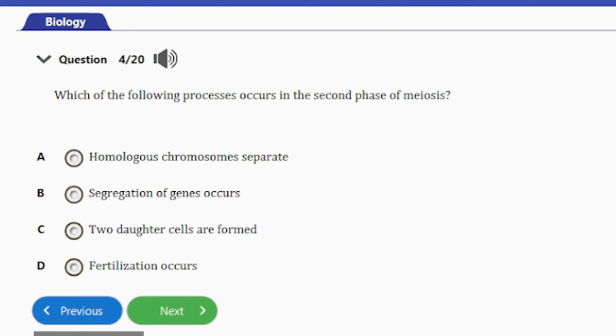So guys, the answer to this question is option A. Homologous chromosomes separate. The second phase of meiosis is called meiosis 2, and it's actually similar to mitosis. In this phase, the sister chromatids of each of the chromosomes separate and move to the opposite poles of the cell. So that's it for this question, and the answer is option A.